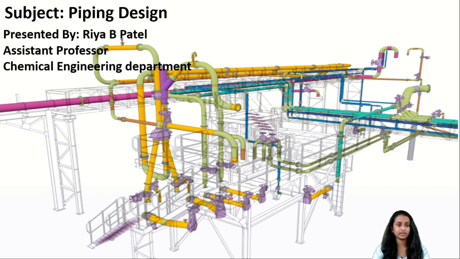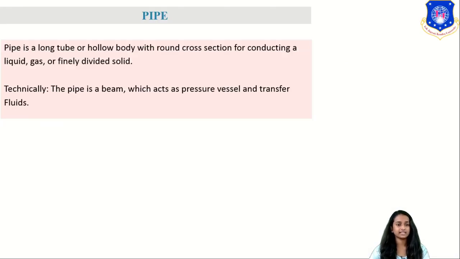So let's start our course with a basic introduction of piping design. First is the definition of pipe. What is a pipe? A pipe is a long tube or hollow body having a round cross-sectional area which transfers liquids, gases, and also finely divided solids.